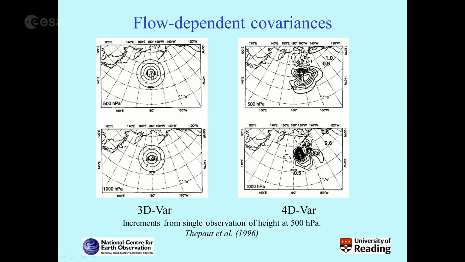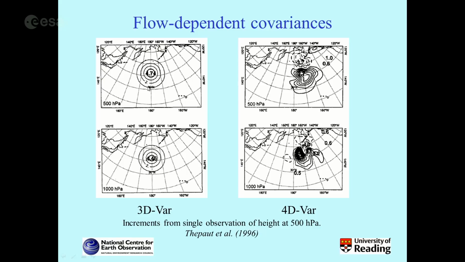We don't just increment where the observation is; we want to put a smooth increment into our background field, because if we just had a spike where the observation was, it would make things go unstable. So we have these circular contours, determined by the covariance matrix, which say that if we have an observation here, this is how we should update the field around it. And not only at the same level, but also lower down in the atmosphere at 1,000 hectopascals, we have information from the observation at 500 hectopascals.